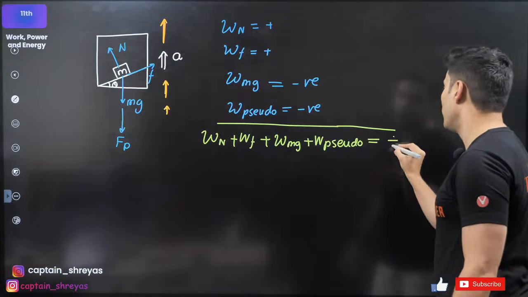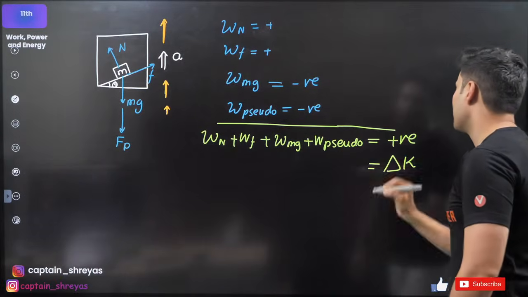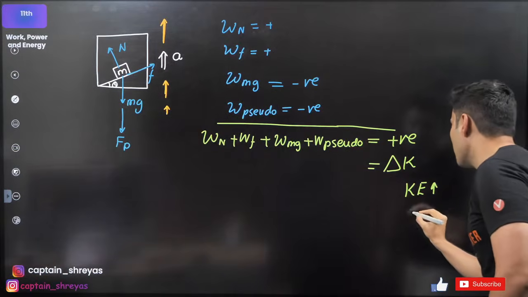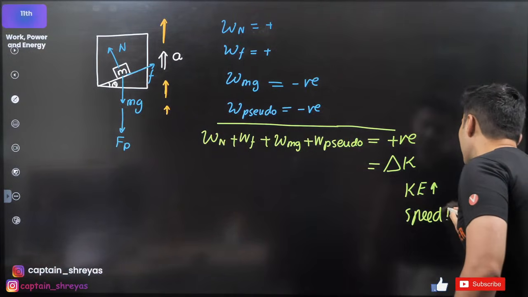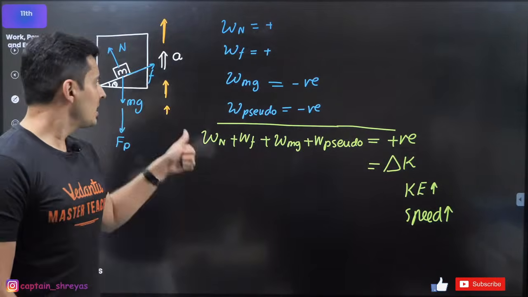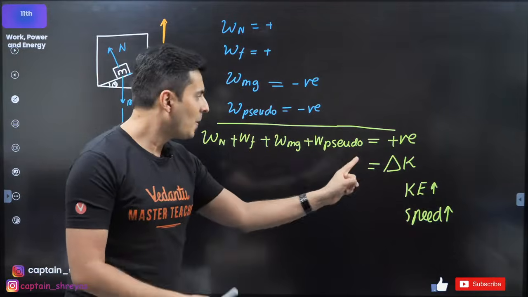The answer is going to turn out to be positive. The reason is the change in the kinetic energy. The kinetic energy is increasing because the speed is increasing. Kinetic energy will increase, so the change is positive.